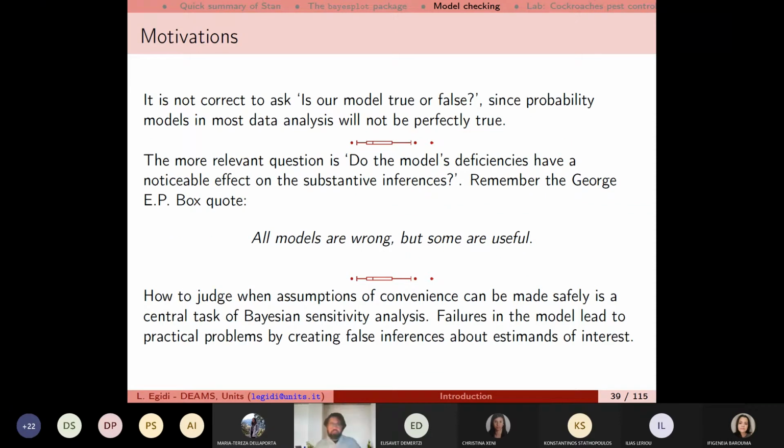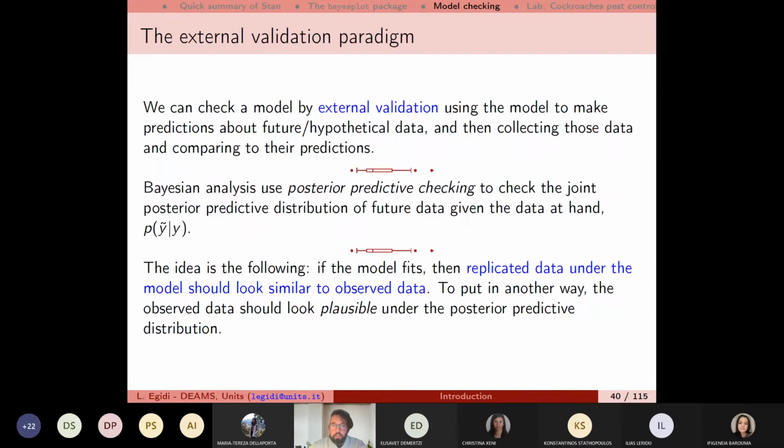We should not ask ourselves if our model is true or false, because that is useless. As George Box said, all models are wrong, but some of them are useful. So how can we judge whether the assumptions we made to build the model are appropriate or not?